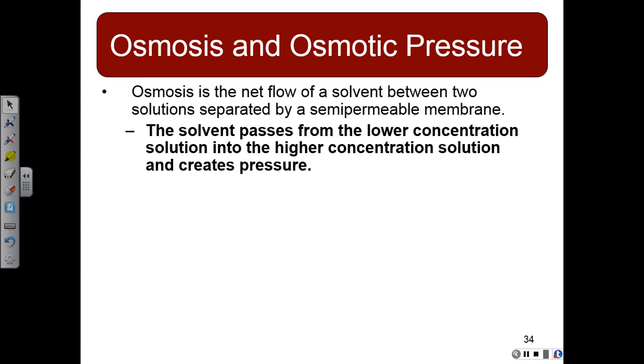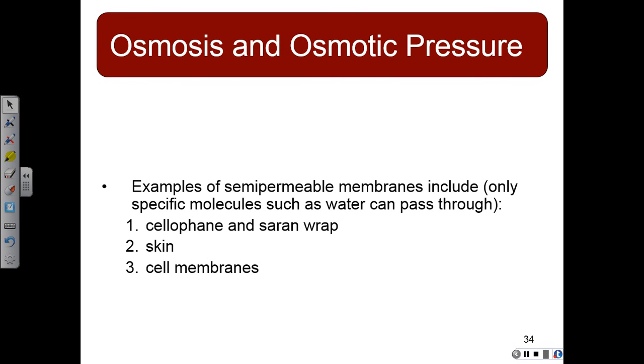It passes through a semi-permeable membrane. Examples of this would be cellophane, saran wrap, our skin, and cell membranes. This is where only specific molecules will pass through, and osmosis will occur.